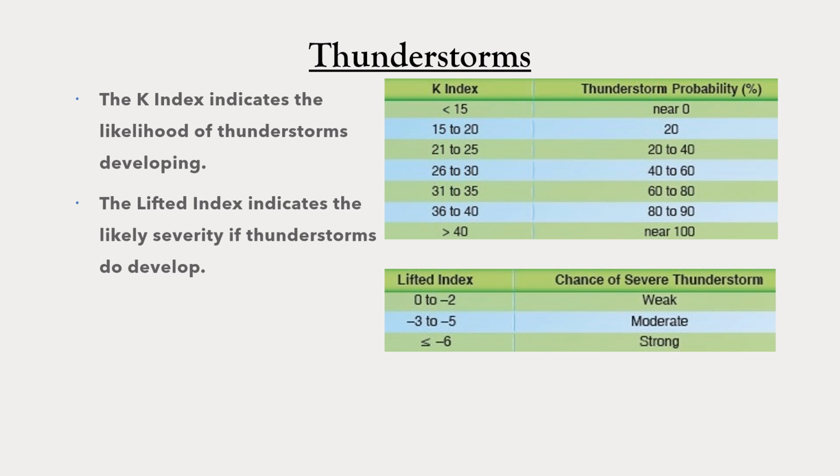The lifted index indicates how likely any thunderstorms that happen will be severe. Both of these indices have formulas, which are based on dew points and temperatures at different altitudes, and I don't have the formulas memorized.